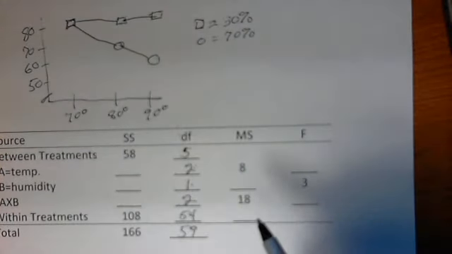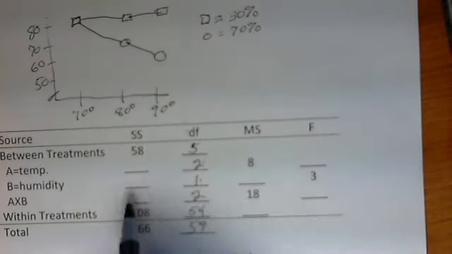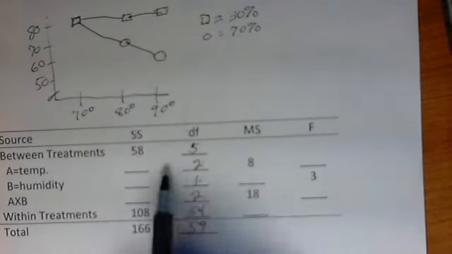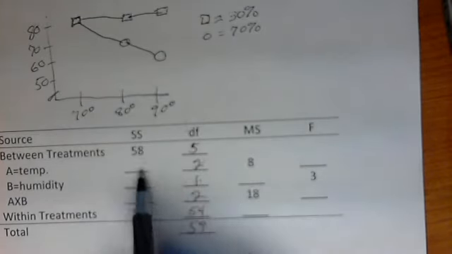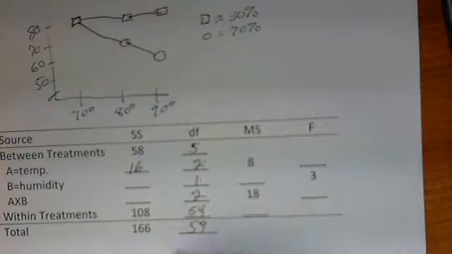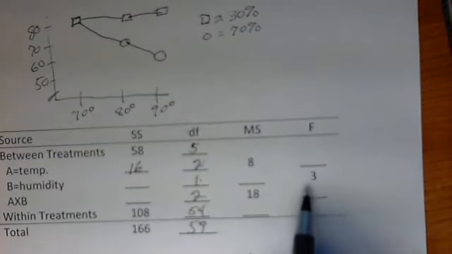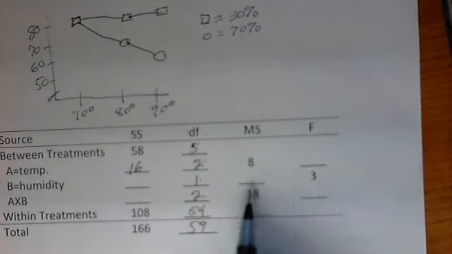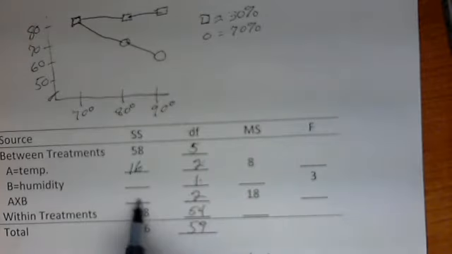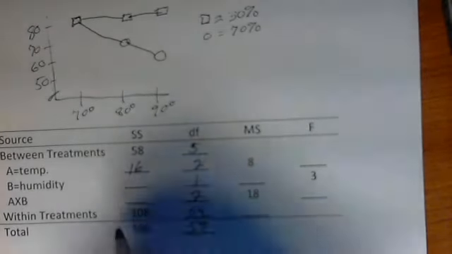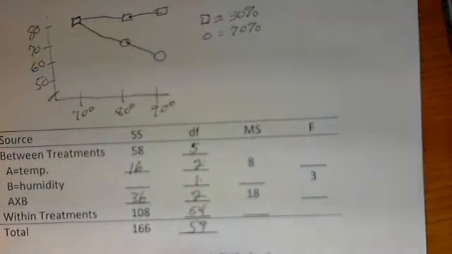So once we have the degrees of freedom, we can start solving for the sum of squares for each, the rest of the missing information. For here, what divided by 2 would give me 8? 16 would. For here we've got an F ratio that we can work with, but we'll have to hold off on that. For this one we say what divided by 2 would give me 18? 36 would. And then here 108 divided by 54, that's 2.